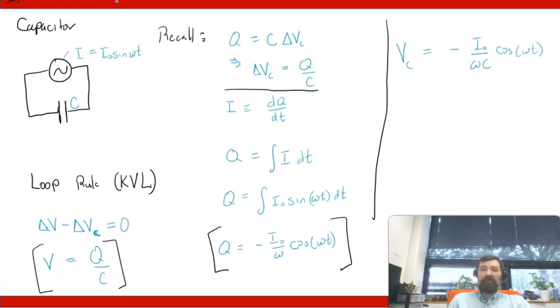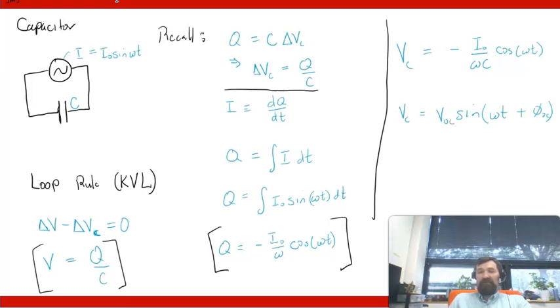Now there's a couple of points that we might use here. First of all, we expect Vc to look like V0 times some sine of omega t plus phi naught, or phi naught c, I guess I could say.